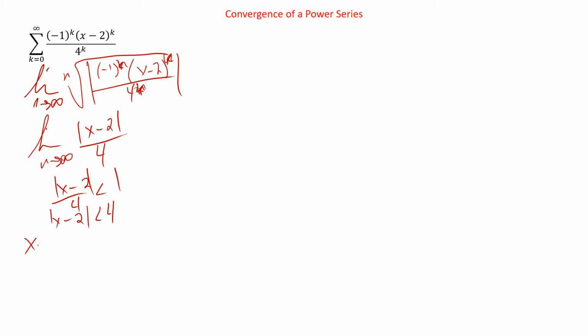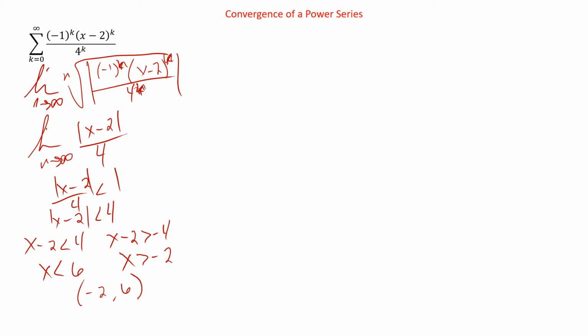This means x minus 2 is less than 4, and x minus 2 is greater than negative 4. Add 2, x is less than 6. Add 2, x is greater than negative 2, which means we have the interval from negative 2 to 6.